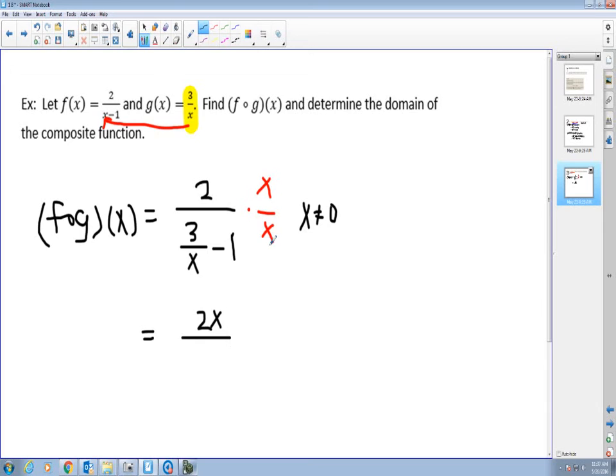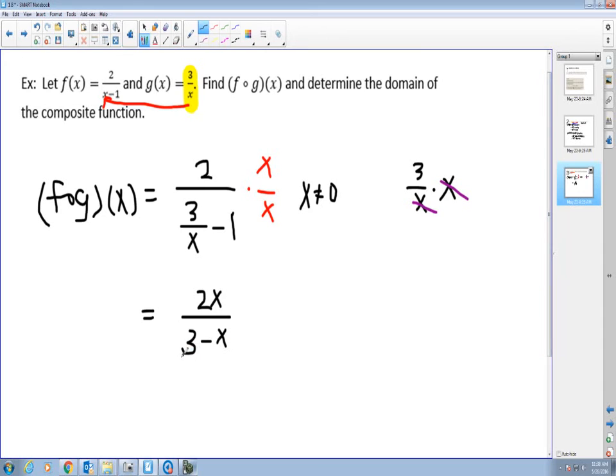Take this x times 3 over x. So if I take 3 over x times x, my x will actually cancel out. Then it will just leave me with the 3. And since I got 2 terms down here, my x will times the negative 1 to get negative x. Okay. And there's nothing else we can do. We don't need to go any further because the numerator and denominator cannot be reduced.